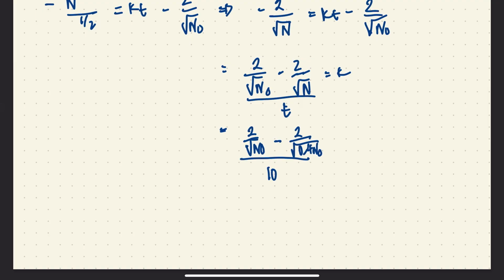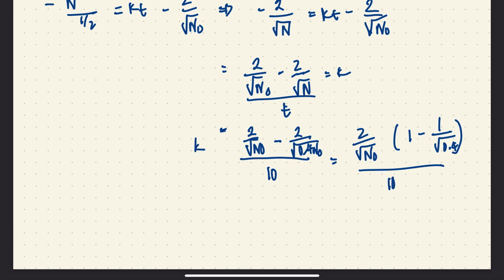So we can actually factor out 2 over square root of n0. So this becomes 1 minus 1 over square root of 0.4, all over 10, which is equal to, this is now all equal to k, by the way. So this will be our first equation.